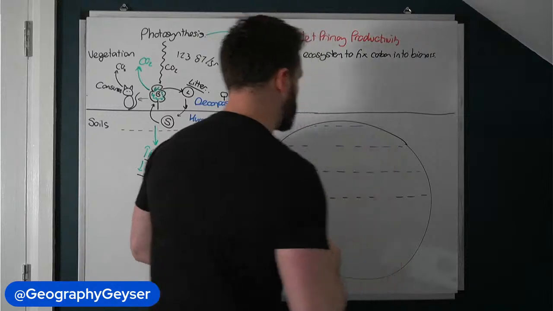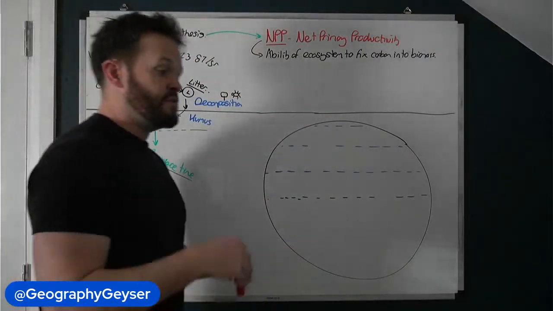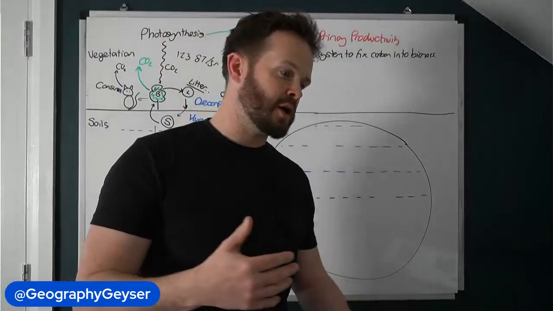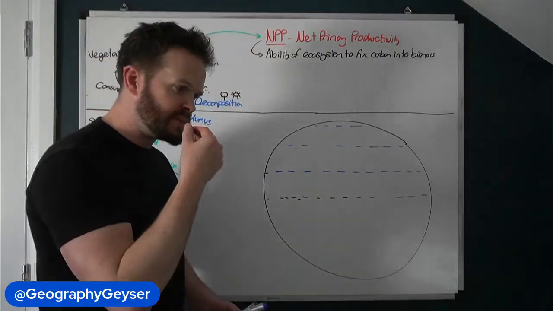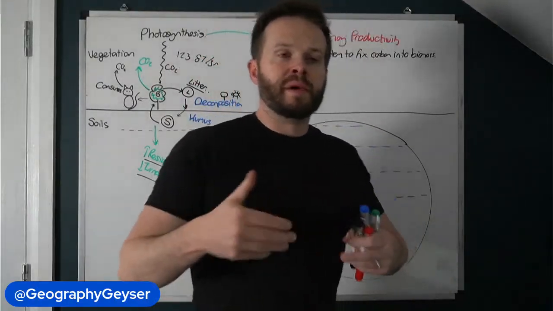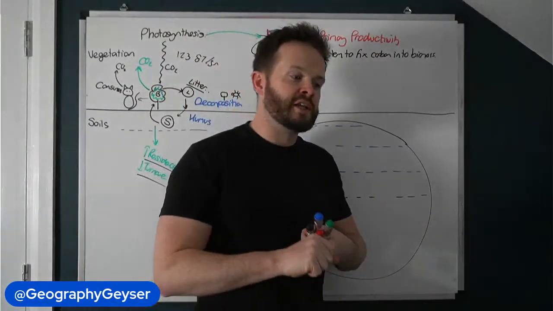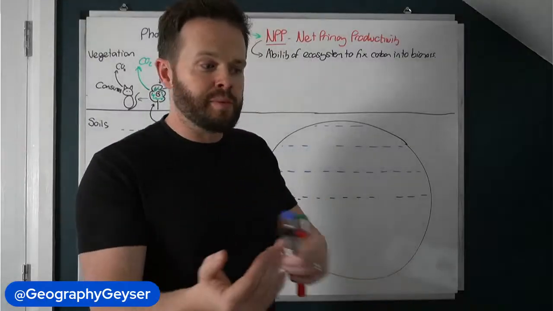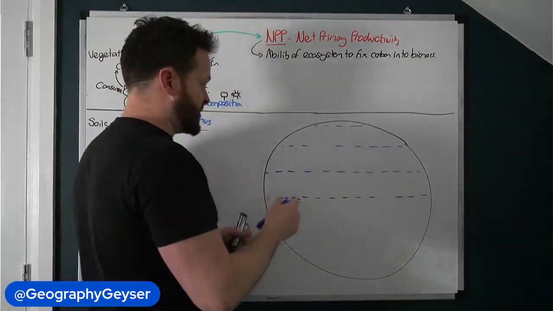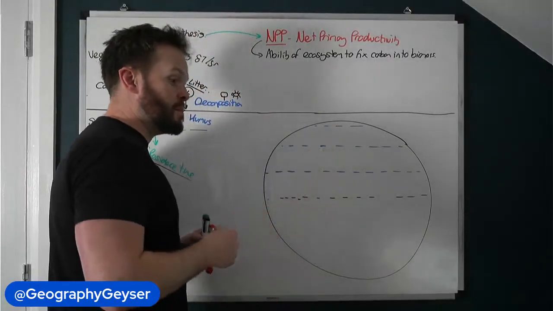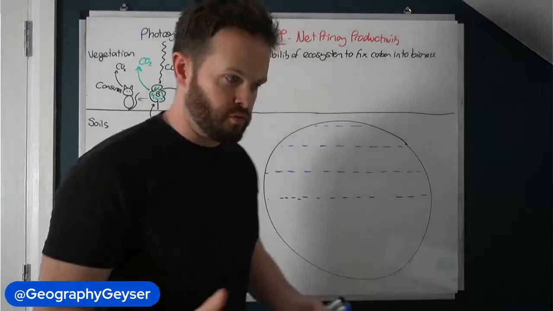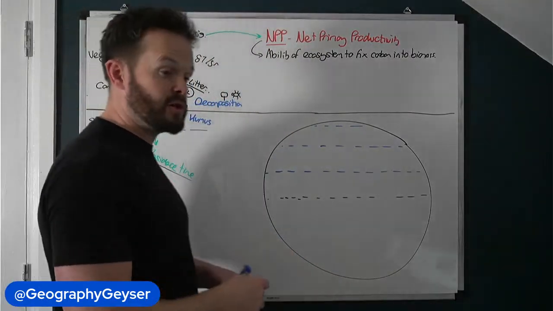And we can look then at variations in rates of photosynthesis, variations in rates of decomposition as well, and then you've got the ability then to not only evaluate the importance of photosynthesis and decomposition in different local scales, but you can also comfortably answer a question that might ask you about why there are differences in the rates of photosynthesis and decomposition, because you don't know what you're going to get.